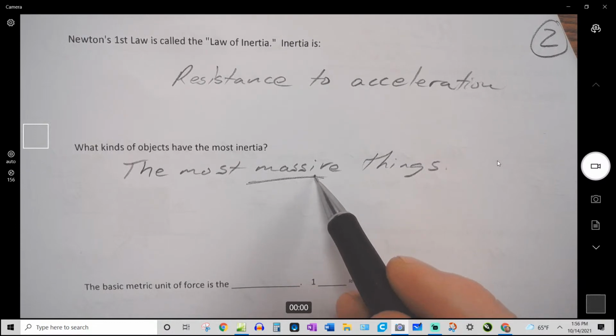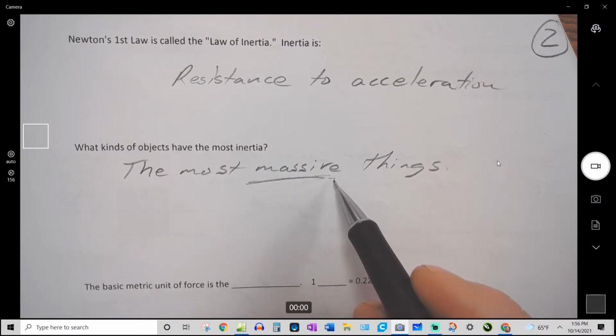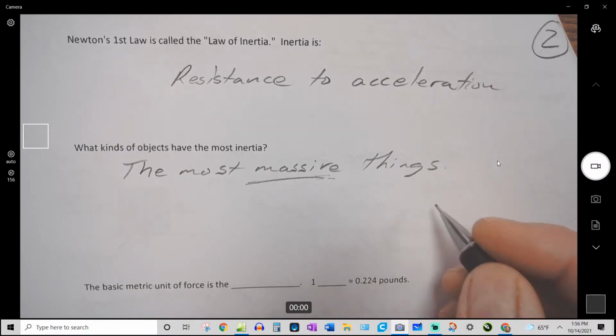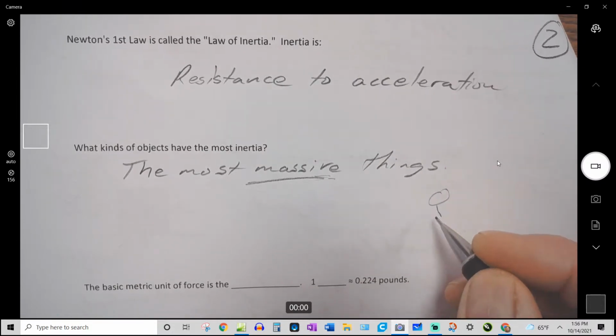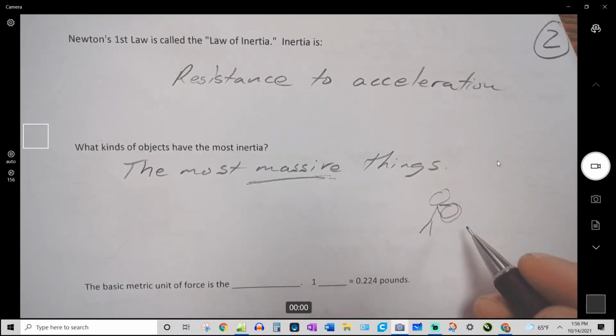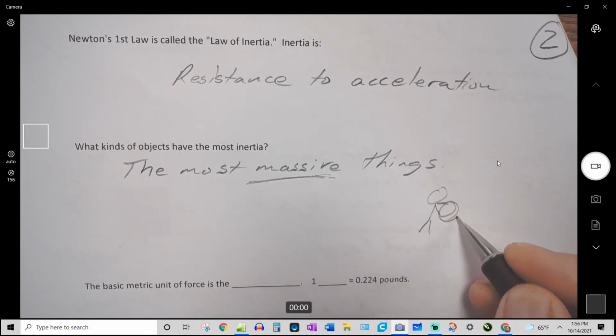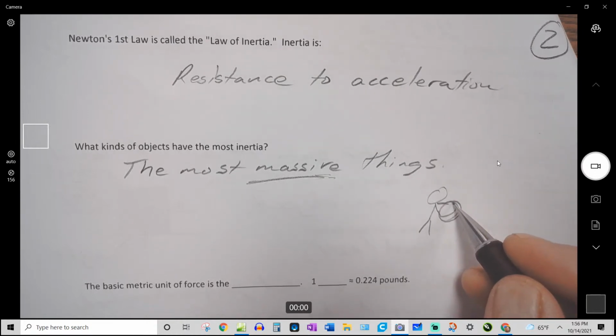But I specifically wrote massive, not heavy. Are you saying you could just be in space? Right. So imagine, you don't have to draw this. Let's say you're out in space doing a spacewalk and you happen to have what looks like a large yoga ball, but it's actually entirely filled with lead.